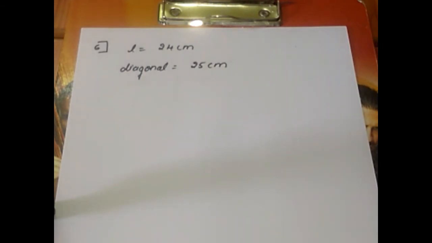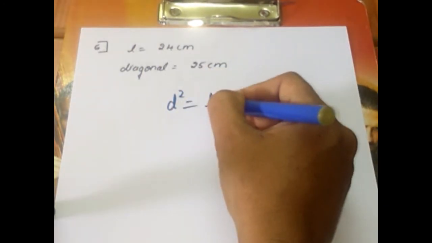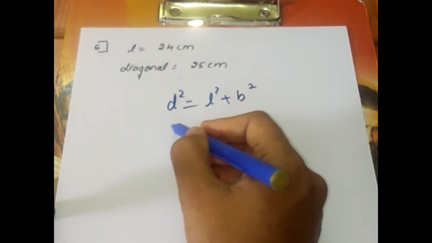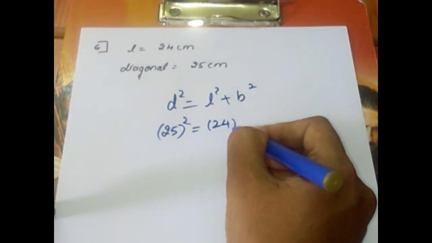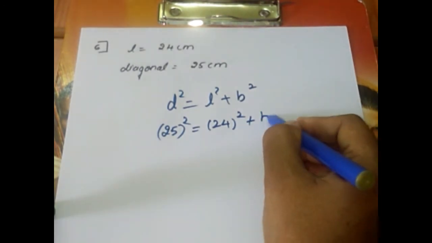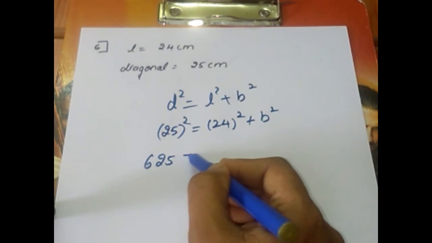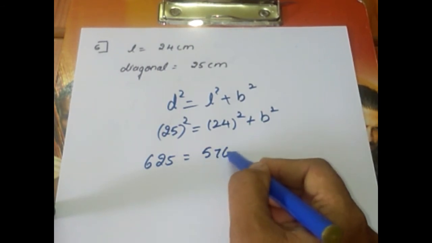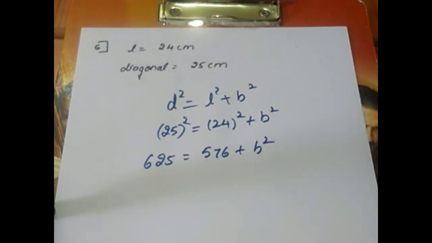Yes, we are going to calculate the breadth by using the formula D square is equal to L square plus B square. So diagonal is 25 whole square, length is 24 whole square and keep B as it is. 25 square is 625, 24 square is 576. How do you get 625? Multiply 25 into 25. Okay.